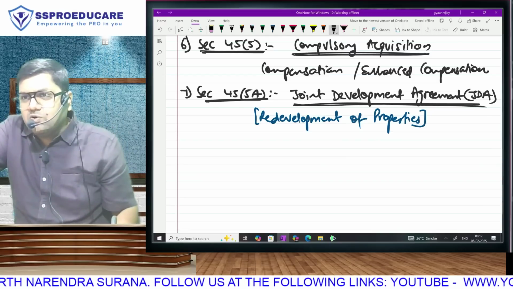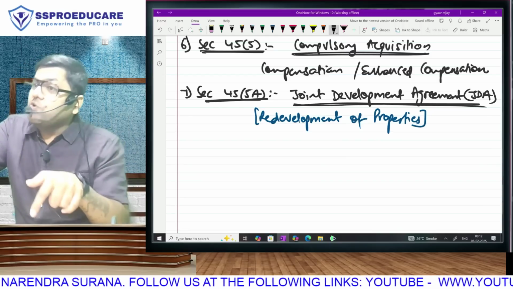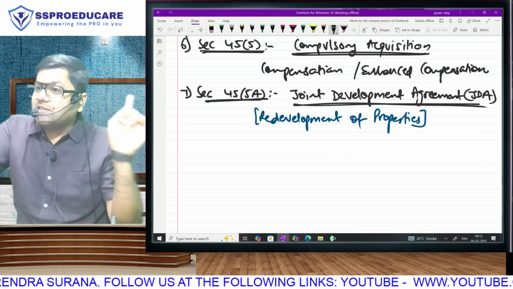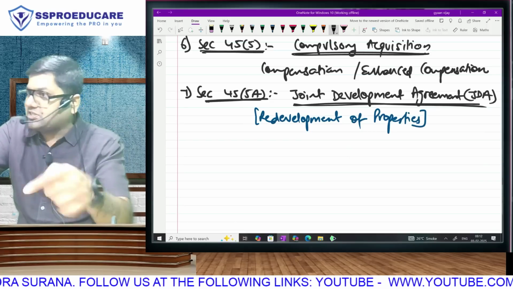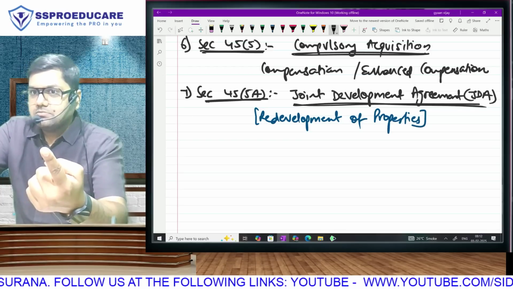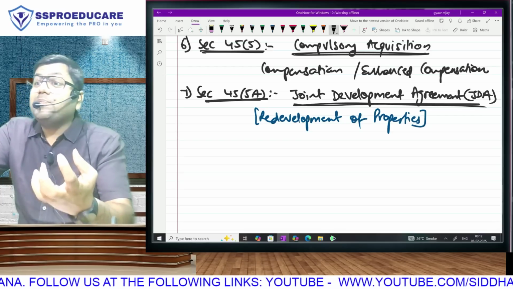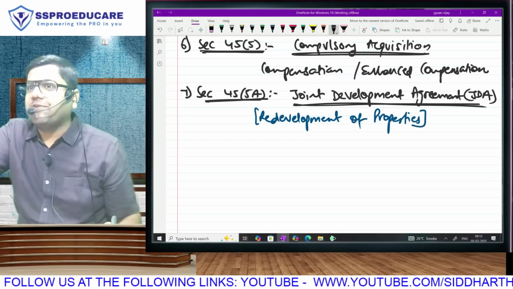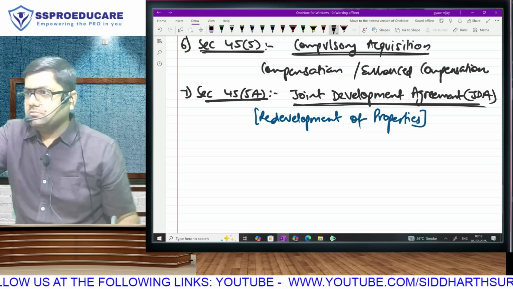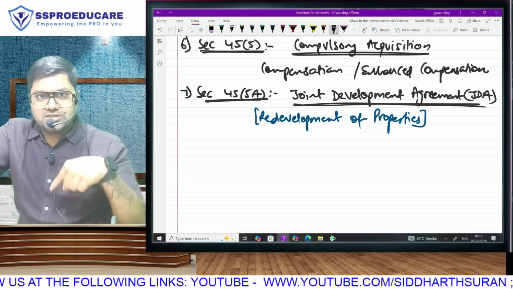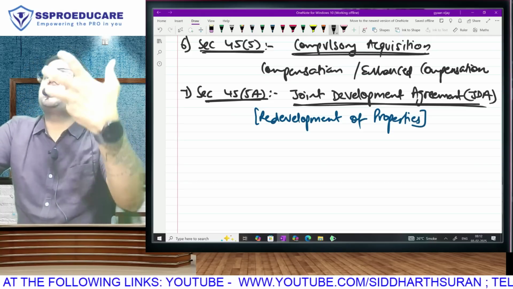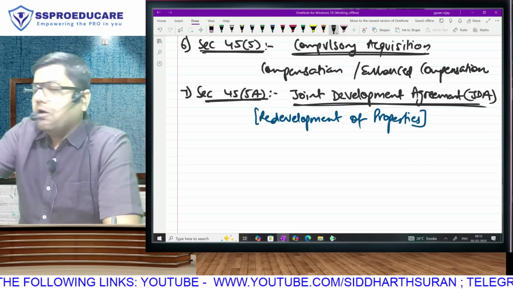Developer will demolish the old building, construct a new building. In that new building, the old building people will be getting houses of bigger sizes. Plus, developer will be allowed to construct extra, we call it FSI. He will be getting permission to construct a bigger area, and that extra area he can sell to outsiders.